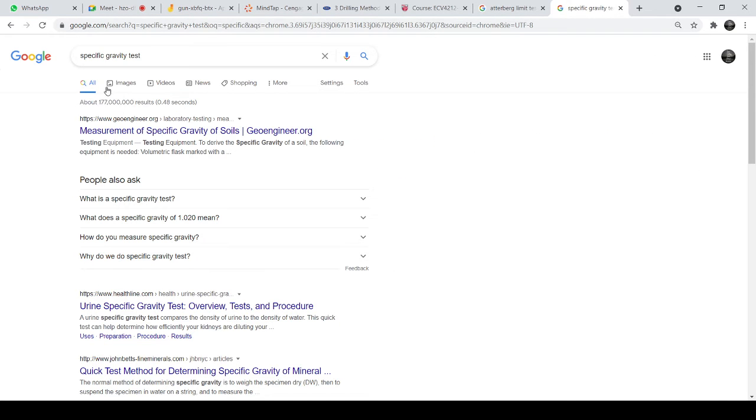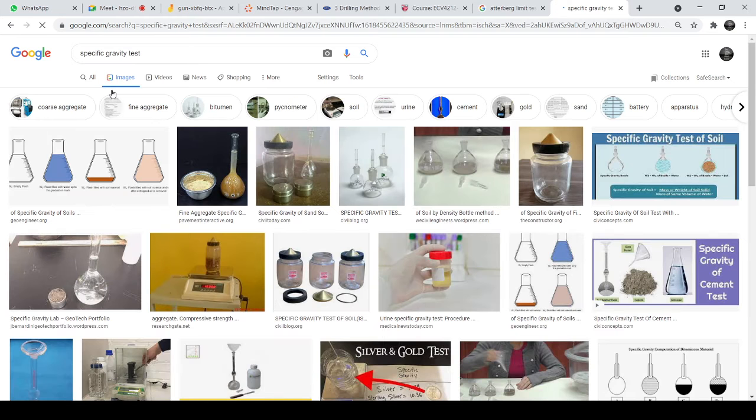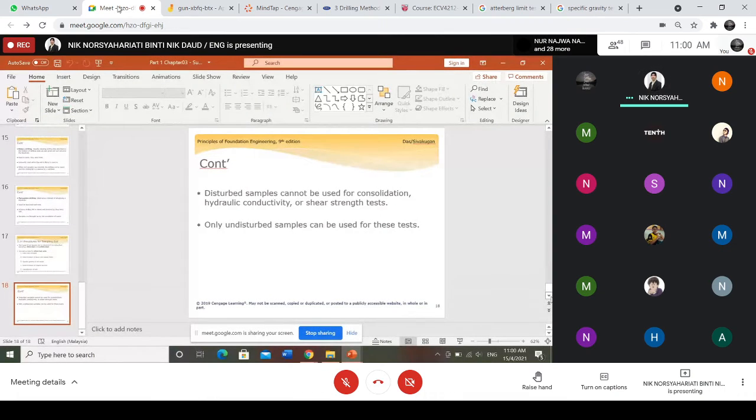This is based on the disturbed samples, where you mix the samples. Disturbed samples can also be used for consolidation, permeability tests and the shear strength test, although for those you need to find the undisturbed sample.